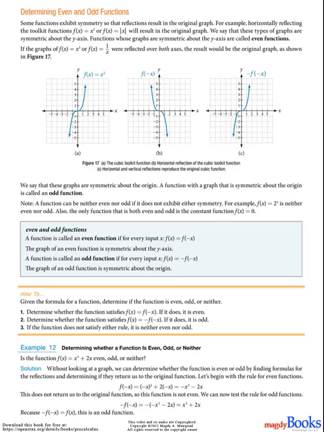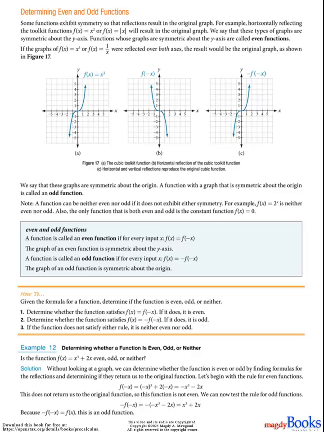Example 12. Determining whether a function is even, odd, or neither. Is the function f(x) = x cubed + 2x even, odd, or neither? Solution. Without looking at a graph, we can determine whether the function is even or odd by finding formulas for the reflections and determining if they return us to the original function.